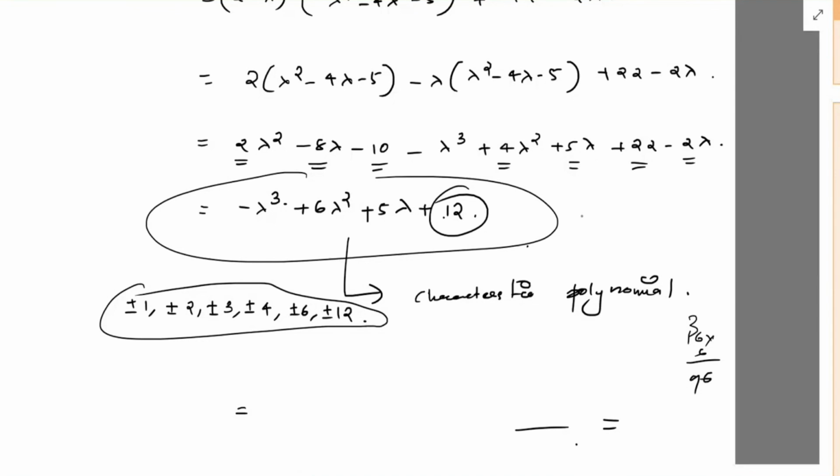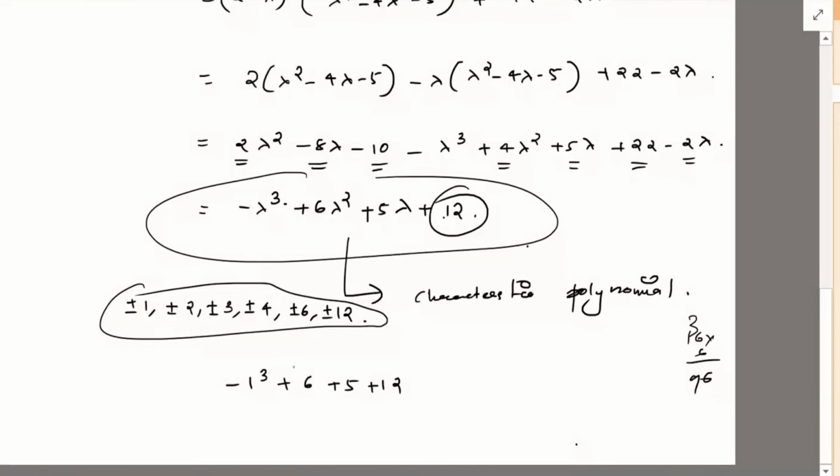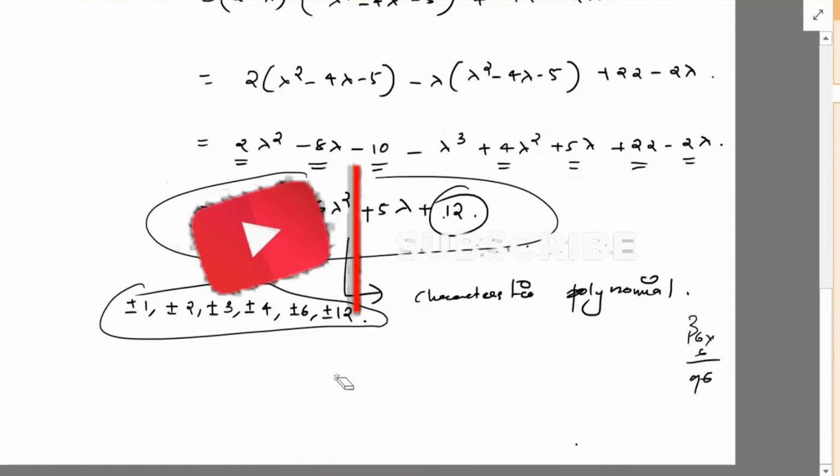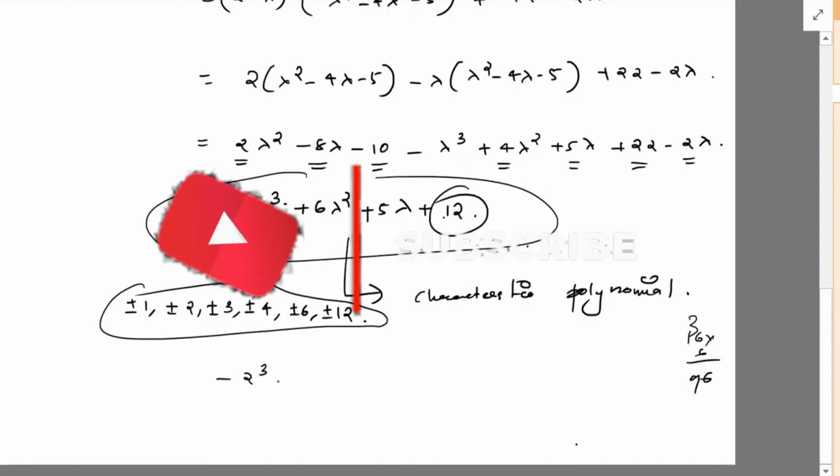And substitute these values into the characteristic polynomial, starting from 1. By substituting 1, it will be minus 1 cube plus 6 plus 5 plus 12. That is not equal to 0. What about minus 1? That is also not a root. What about 2?